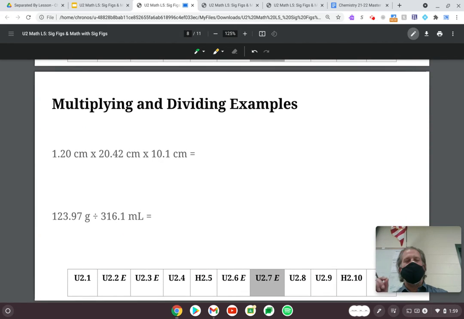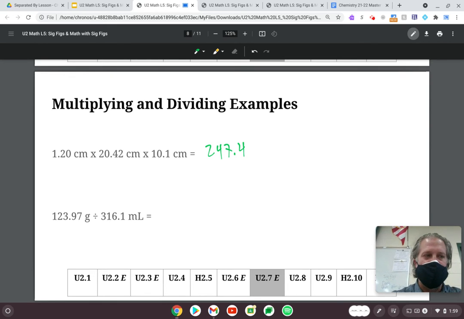Looking at the first problem, 1.20 times 20.42 times 10.1. So I'm going to put that in my handy dandy calculator. My calculator gives me an answer of 247.4904. Now, most of you get all up in arms and you're like, well, what do I have to write all that?